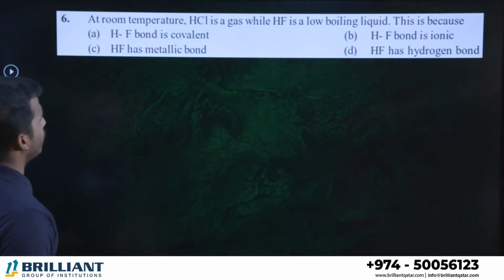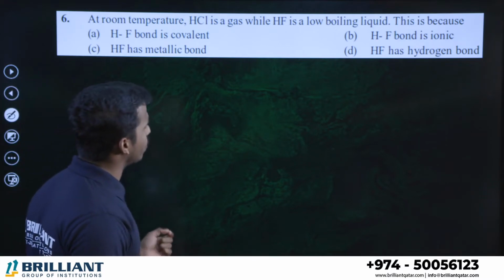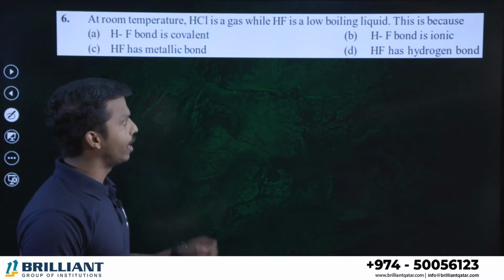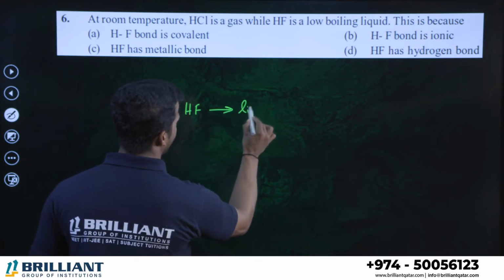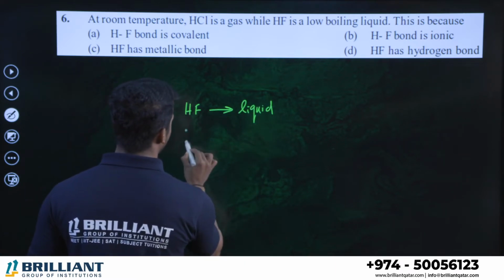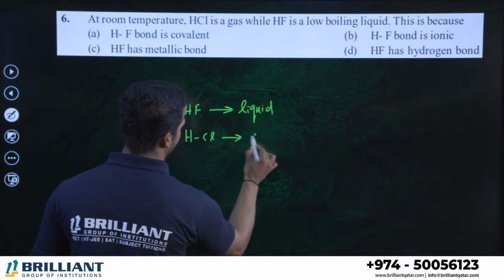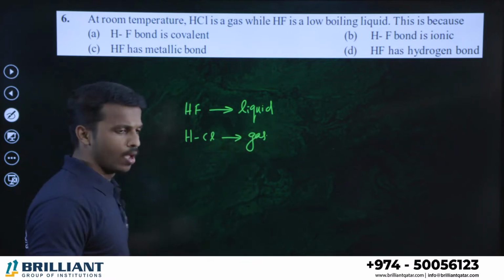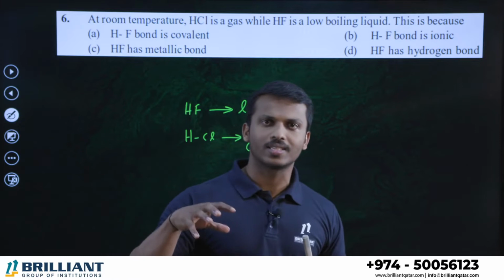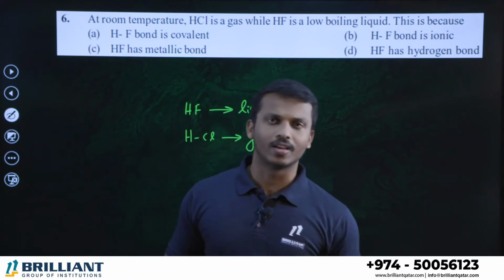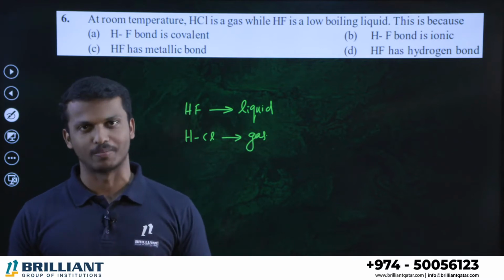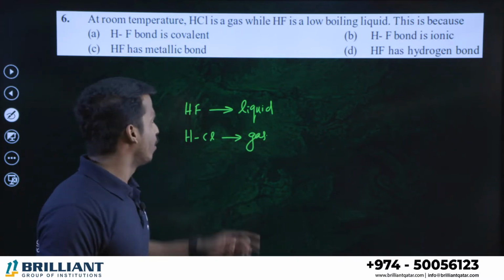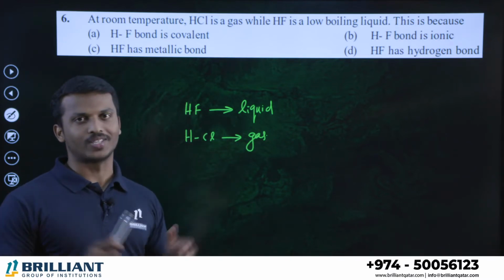At room temperature, HCl is a gas while HF is a low boiling liquid, right? At room temperature, they are saying HF is a liquid whereas HCl is a gas. Dear student, mostly if a substance wants to exist in the liquid state, it should have strong intermolecular hydrogen bonding. It's very simple. Fluorine and chlorine, that's the only difference here.